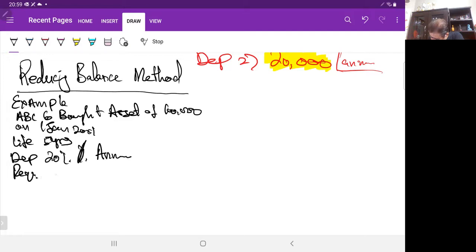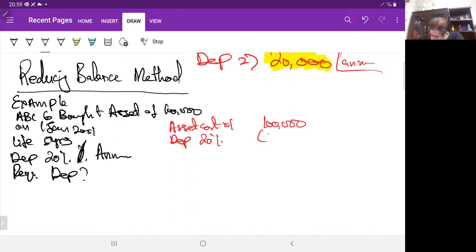Required: depreciation. Now, see, asset cost X1, 100,000, depreciation 20% is 20,000 over here. We'll get net book value of 80,000.